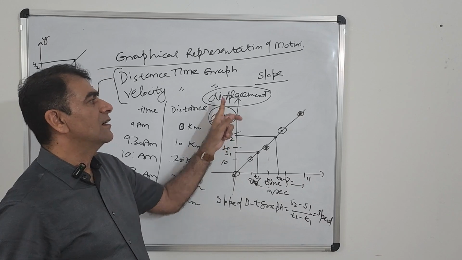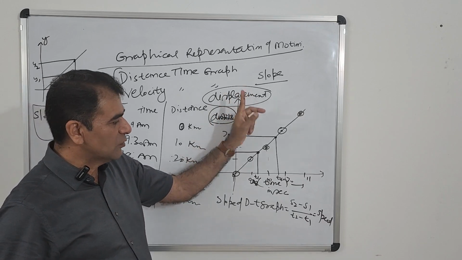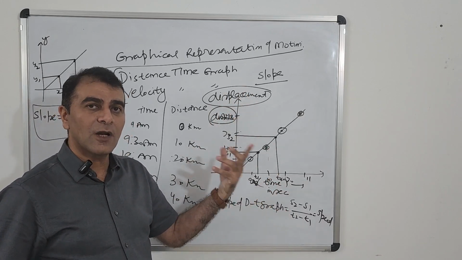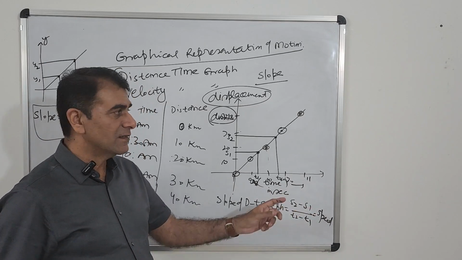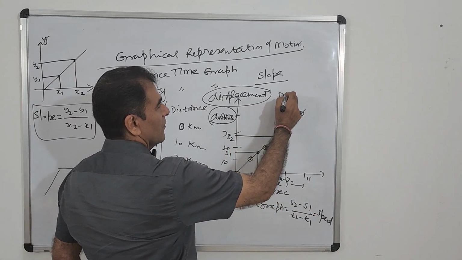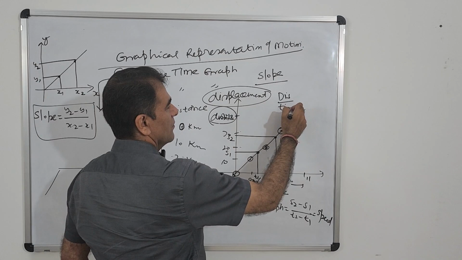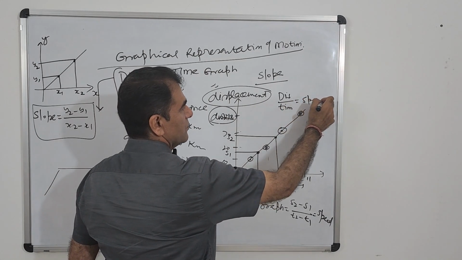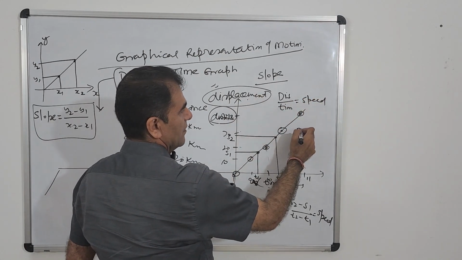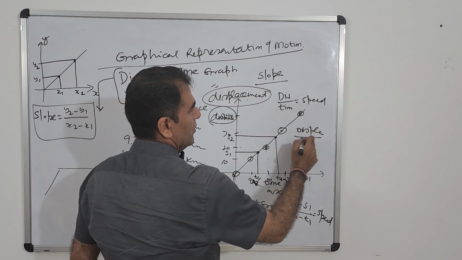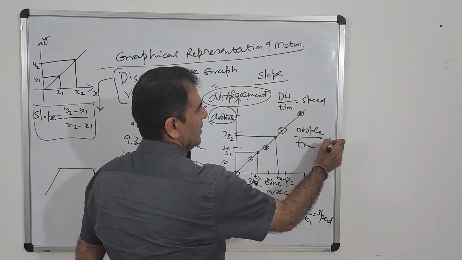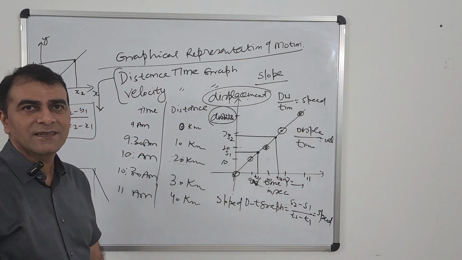Distance is scalar, displacement is vector. So displacement upon time is what? Velocity, not speed. Distance upon time is speed. Displacement upon time is velocity, right?